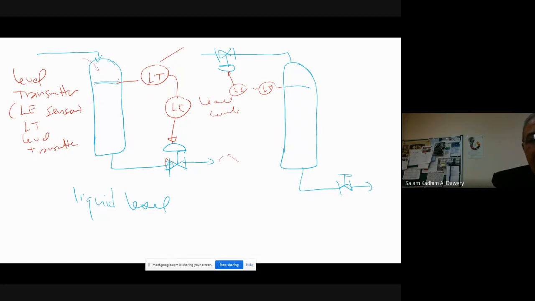So the effect goes to the output. But in the other one, we directly control the input. It will be quicker here. For this part, the second one will be quicker than the first, but both are working in the same manner.